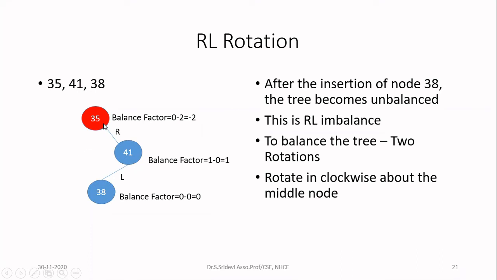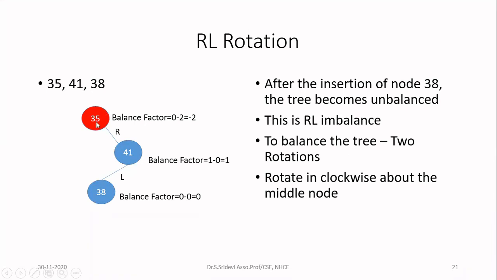In the right subtree, you have two links from the root towards the leaf, so the height is 2. 0 minus 2 is -2. It is not allowed. For 41 and 38, we are getting 1 and 0, so it is accepted. So now we have the node 35 having the balance problem.